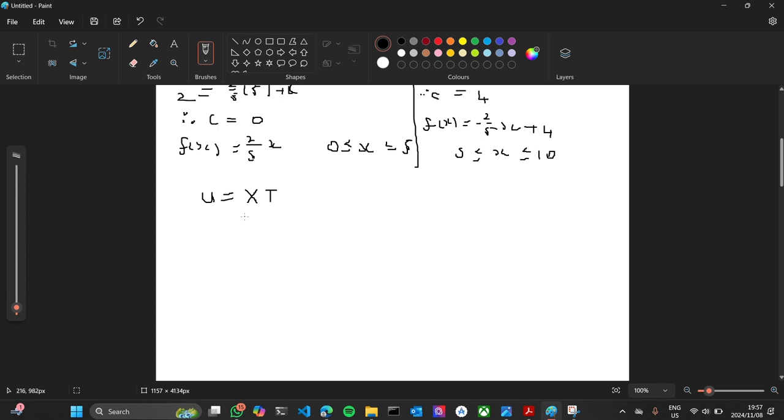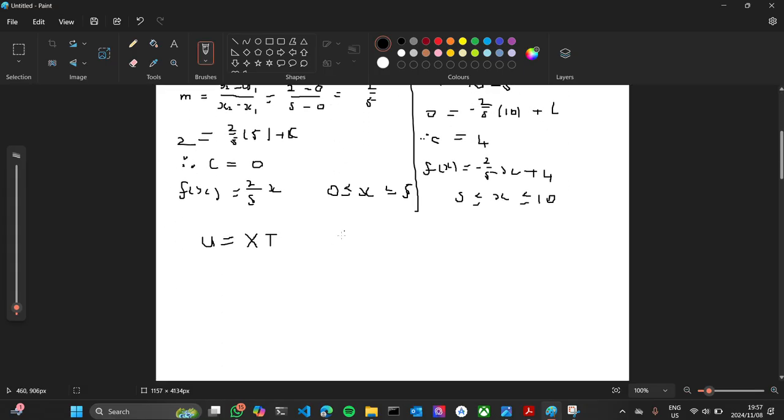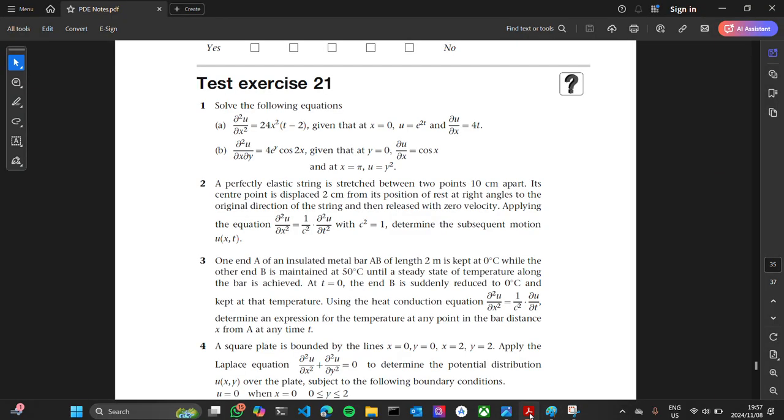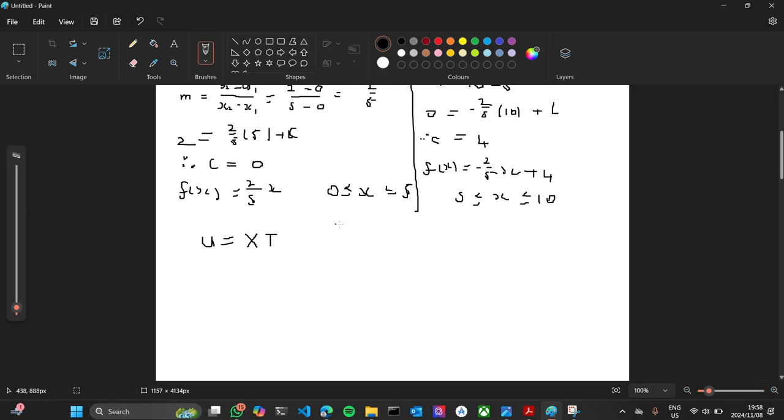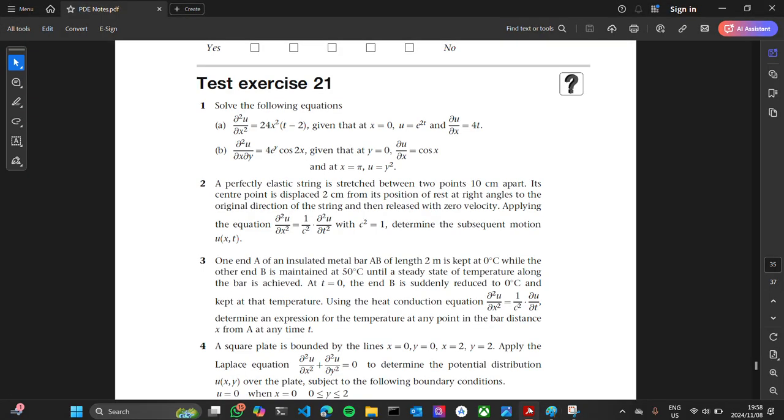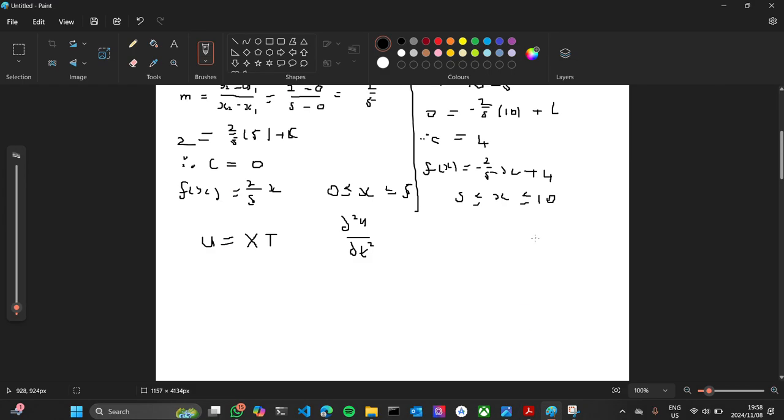Alright, and so we also have our initial differential equation here, which is this, so we can just write that down. d squared of u over dt squared is equal to, so c squared is equal to 1.